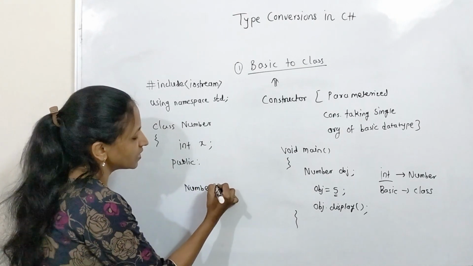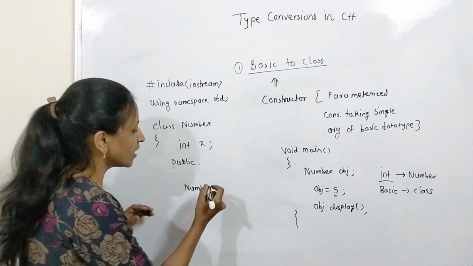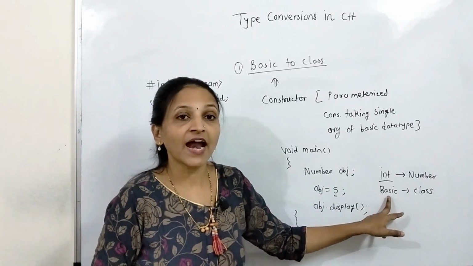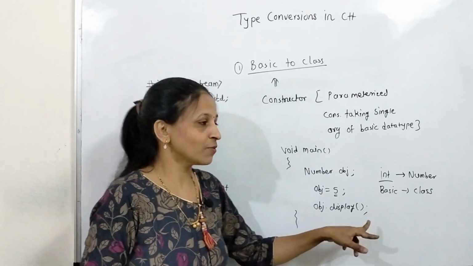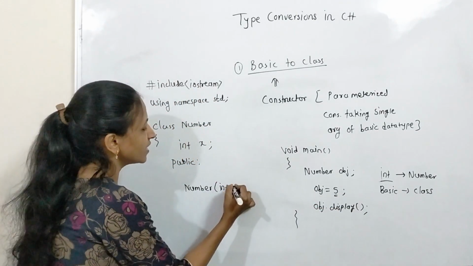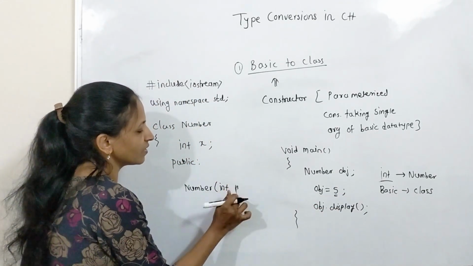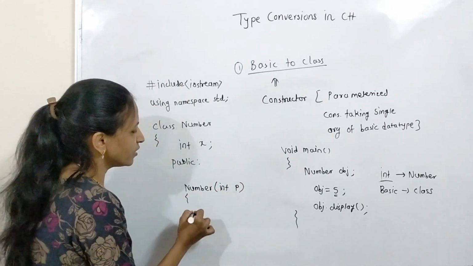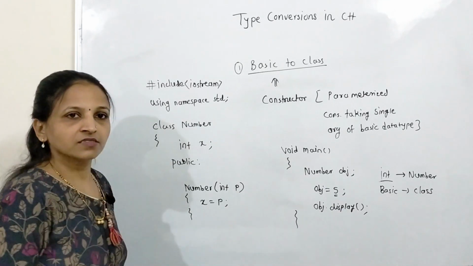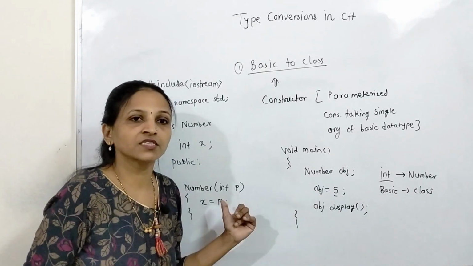Simple, the class name is the constructor name, and it will take one argument of that basic data type, whatever is mentioned here, that is integer. That's why we will pass one integer variable, let it be p. Now what we will do here, simple, x is equal to p. That's it.